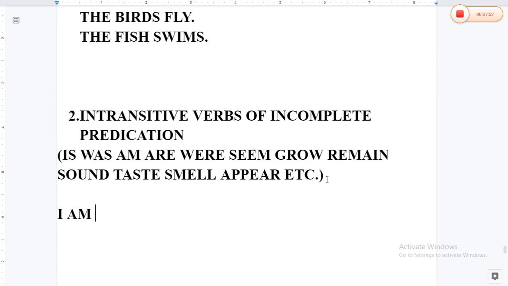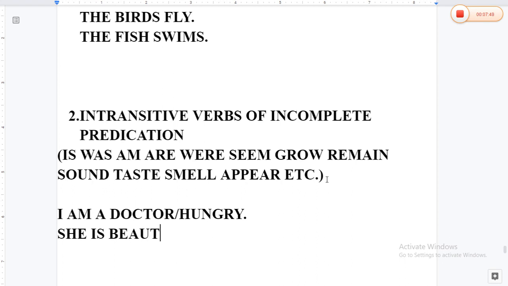Whatever you add here, be it a noun like doctor, or "I am hungry", is a complement. She is beautiful: "beautiful" is a complement.